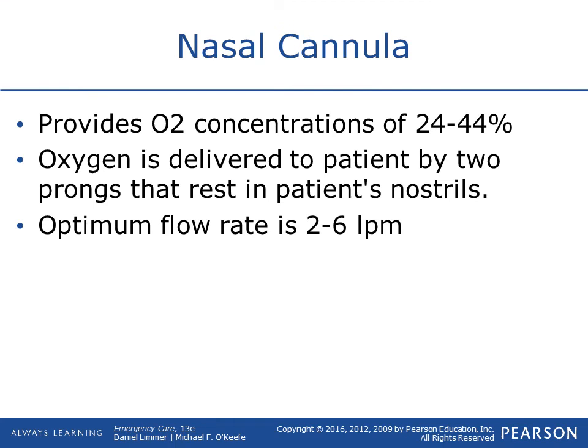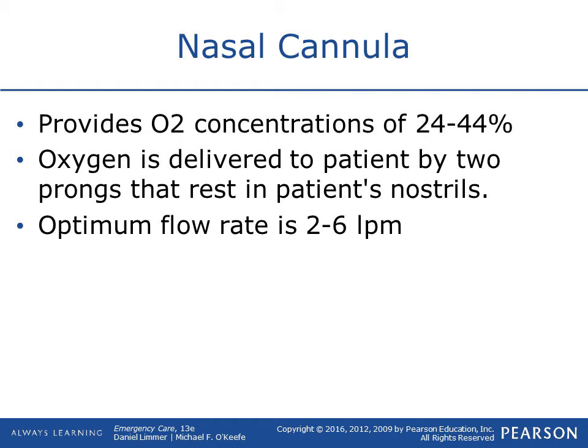As the non-rebreather delivers 80 to 100% oxygen, the nasal cannula is only 24 to 44%. That's a little less than half of the oxygen the non-rebreather does, because it has a smaller volume going in, and it's also mixing with the atmospheric air, since there's not a seal, there's not that rebreather bag.